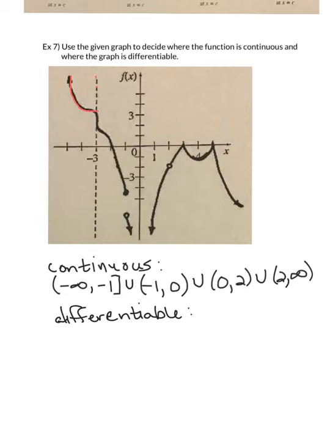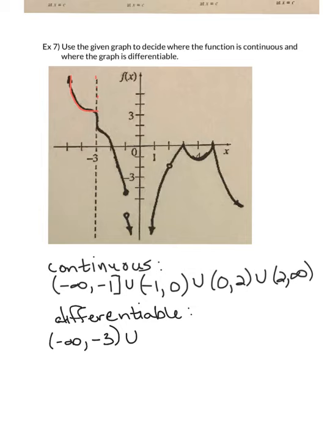This dotted line is showing you a vertical tangent, and we said that we are not differentiable at vertical tangents. So from negative infinity, we are good until we get to negative 3. Now we don't include it because there's not a derivative there. So we put a parentheses around it. Now we're going to continue on.